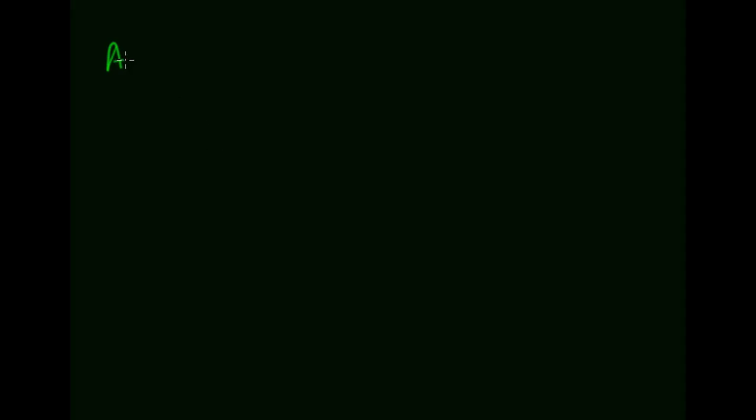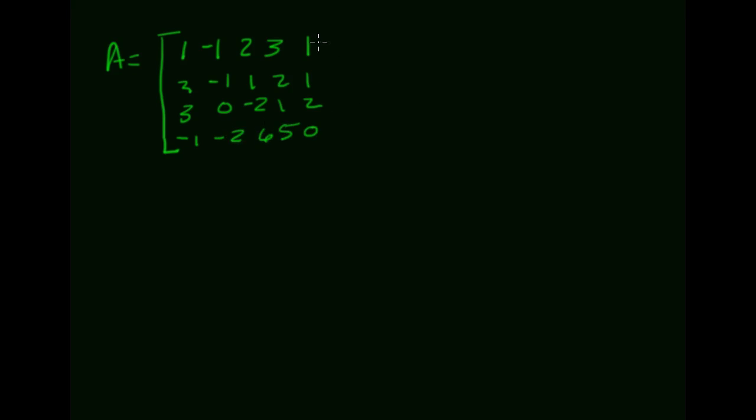All right, so let's let A be a 4 by 5 matrix. So we have 1, -1, 2, 3, 1, 2, -1, 1, 2, 1, 3, 0, -2, 1, 2, -1, -2, 6, 5, 0.